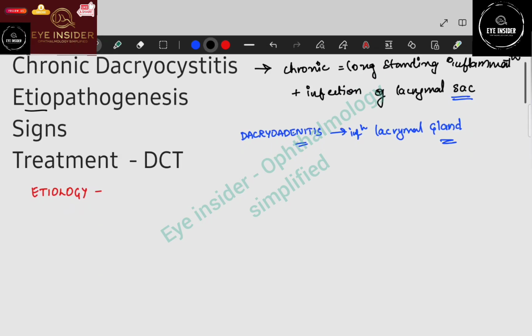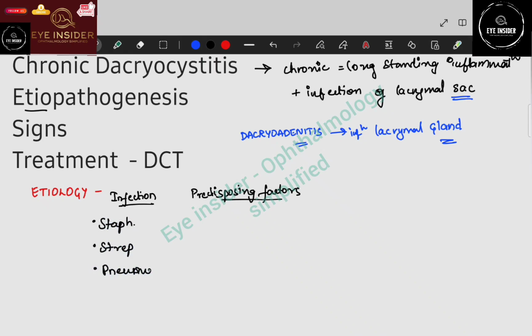Coming to the etiopathogenesis, the infection can be caused by organisms such as staphylococcus, streptococcus, and pseudomonas, and in chronic granulomatous infections such as tuberculosis, sarcoidosis, leprosy, and so on.